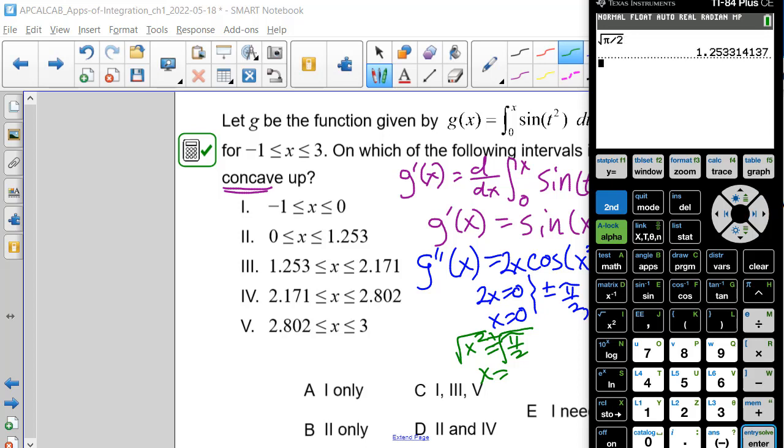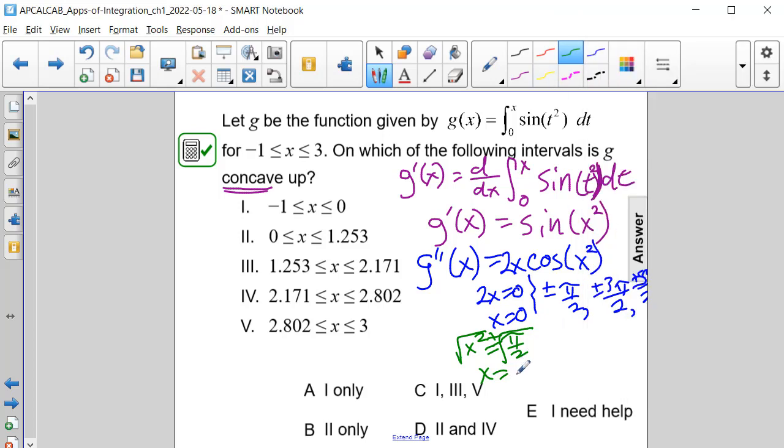And that ends up to the nearest thousandth being 1 and 253 thousandths. And now, if we think about it, here's our domain. We can't have negative 1 and 253 thousandths, so only the positive value is required for us.